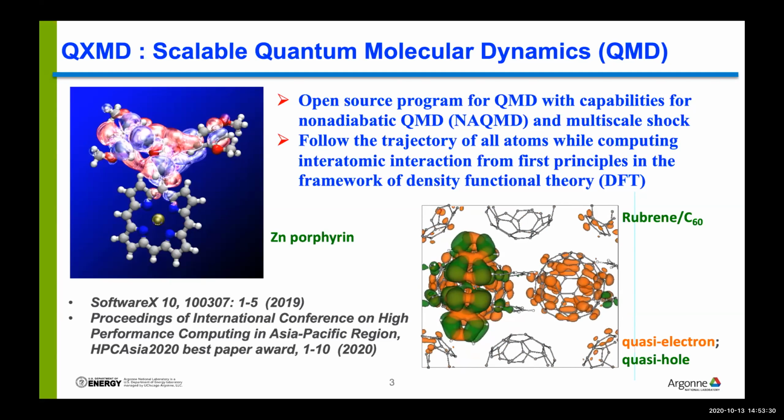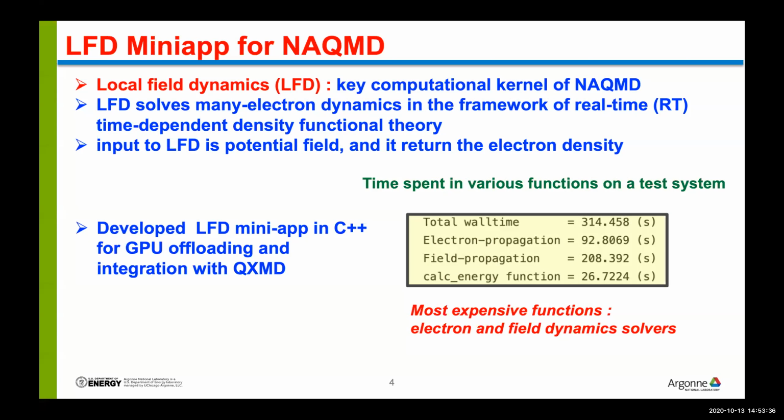The big topic of our talk is NAQMD optimization. Here the main focus is the optimization and GPU offload of the NAQMD section of the QXMD software. Upon examination, we see that the most computationally expensive kernel of NAQMD is the LFD calculation, or local field dynamics.